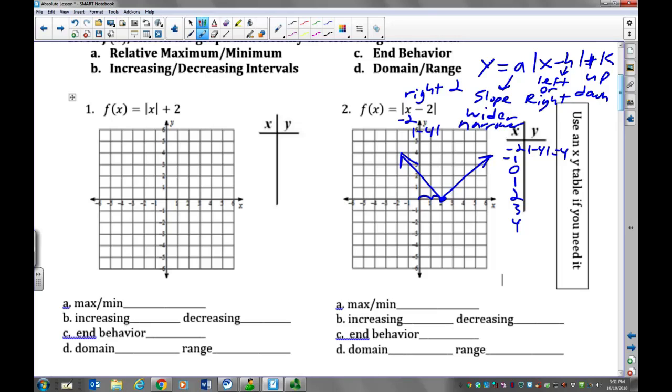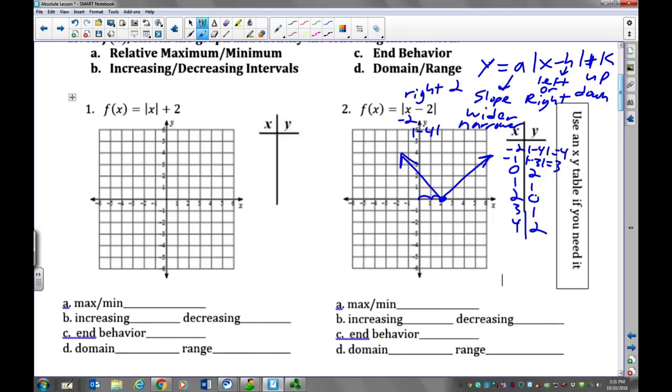Plug in a -1, absolute value of -3 is +3. Plug in a 0, we get absolute value of -2, which is +2. 1 minus 2 is -1, so +1. Then plug in a 2, we get 0. 3 minus 2 is 1. 4 minus 2 is absolute value of 2, which is 2. So you can graph all those points.